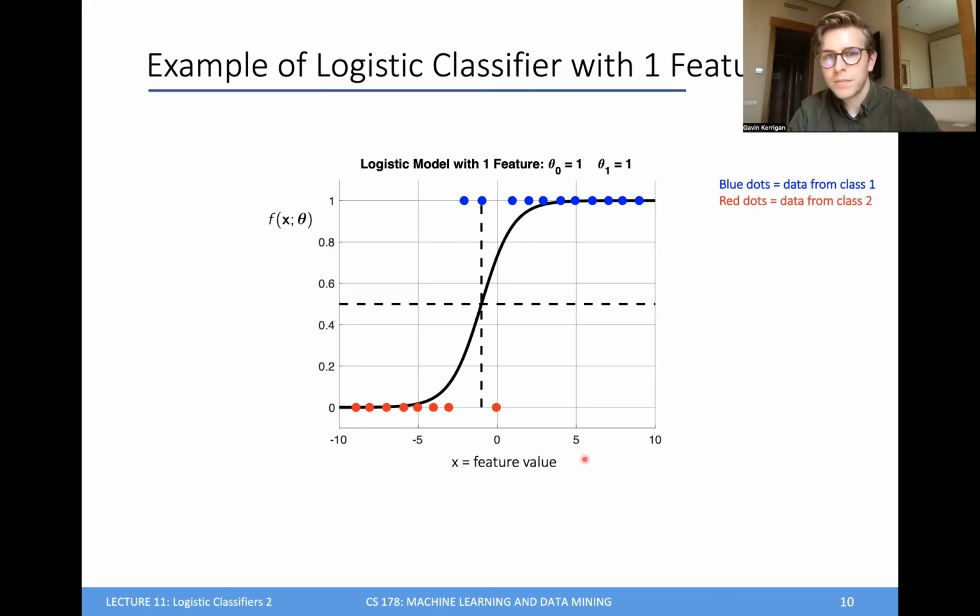Okay, let's look at a few examples of actually fitting logistic models on some toy made-up data sets. So here on my horizontal axis, I actually have now my feature value. So I'm doing a binary classification problem with only a single feature. And what we can see here is we have our decision boundary a little bit to the left of 0. So my decision boundary is maybe at, say, x equals 1.